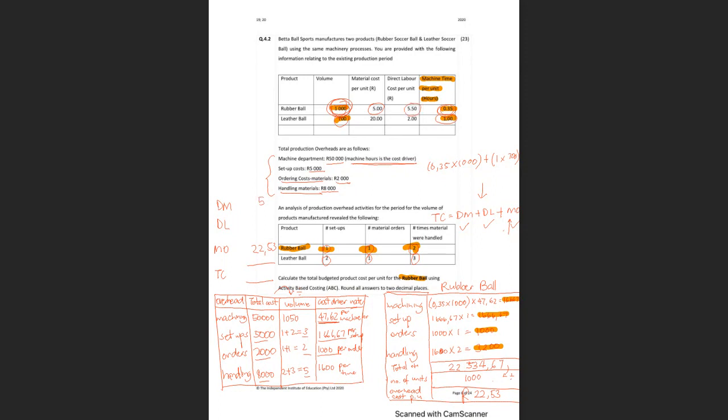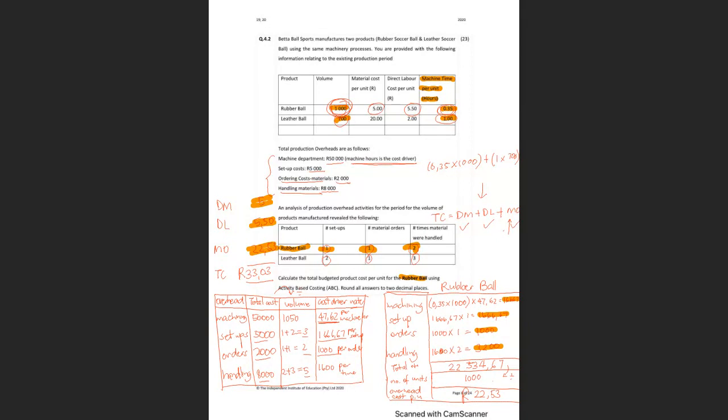Your direct labor was 5 Rand 50. So you're going to sum up the 5 plus the 5 Rand 50 plus the 22.53, and collectively that gives you a total cost of 33.03. So the total cost for rubber ball under the ABC method is 33.03. Okay, and that is question 4 complete.